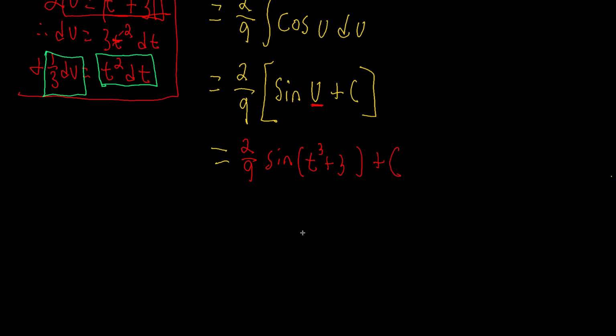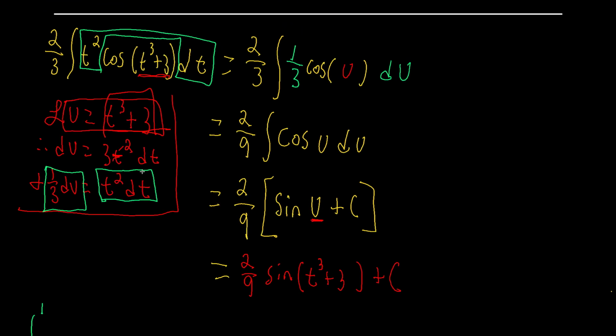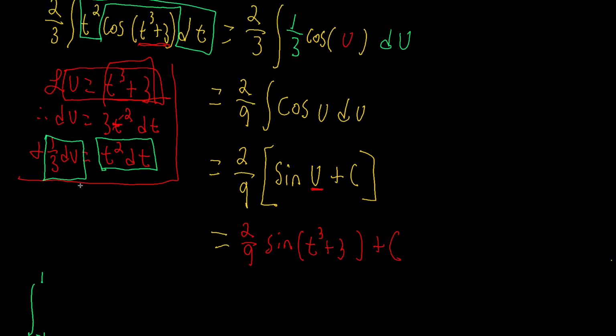The second part of this is checking it. So we're going to do the integral from -1 to 1 of 2/3 t squared cosine of t cubed plus 3 dt.